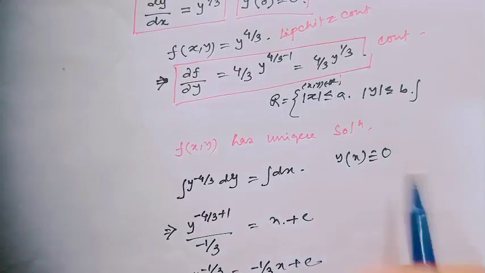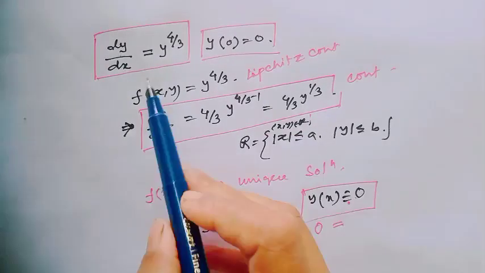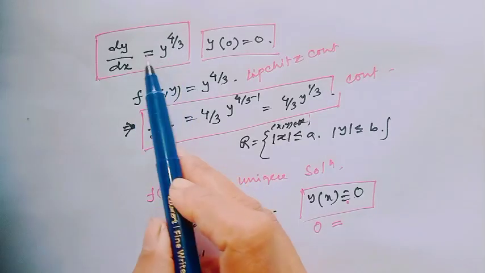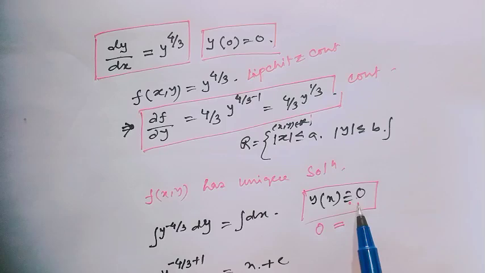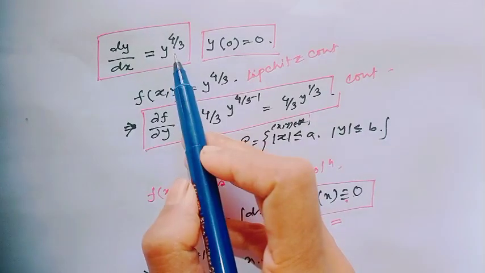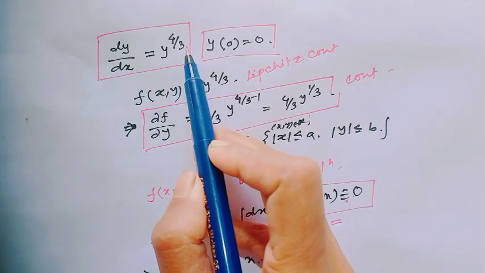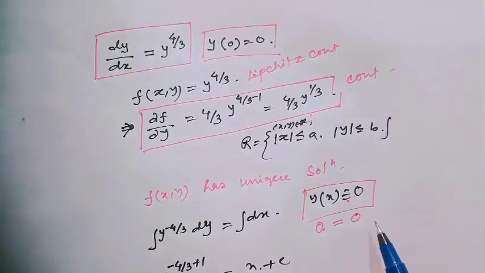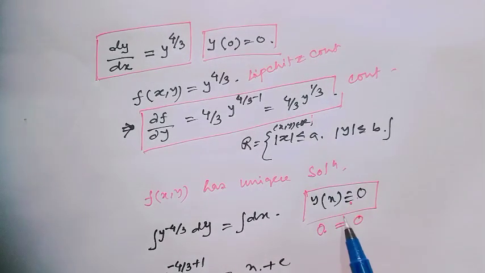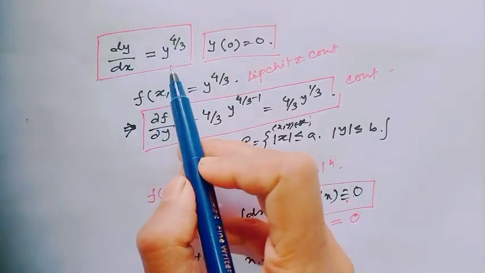So this solution is obviously only the trivial solution. And notice the trivial solution satisfies this equation. Here dy/dx of the trivial solution would be 0, and on the right-hand side, y to the power 4/3, 0 to the power 4/3 is also equal to 0. That means if we consider the trivial solution, it satisfies this equation.